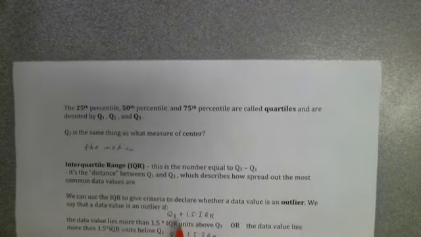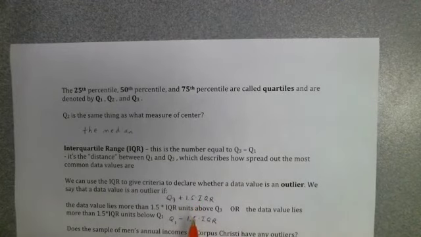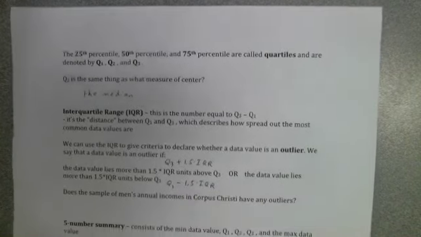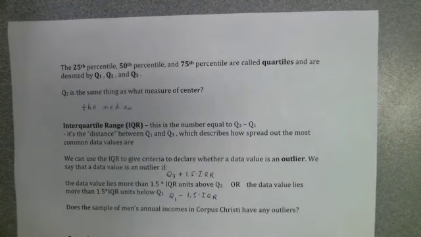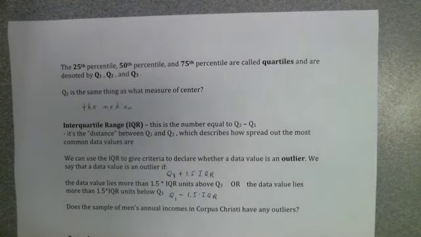If a data value lies above this number or below that number, then we'll say it's an outlier. So then I ask, does the sample of men's annual incomes in Corpus Christi have any outliers?